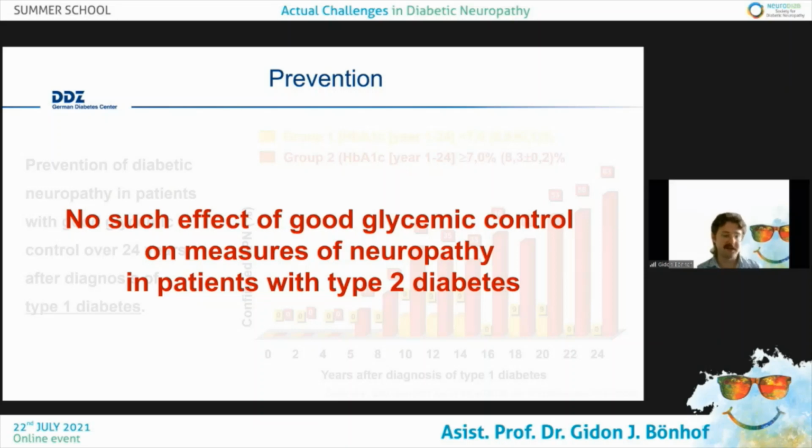So I won't say it doesn't have an effect on diabetic neuropathy in type 2 diabetes, but the current evidence is not good enough to say, okay, if you have type 2 diabetes with great glycemic control, you can prevent neuropathy. We cannot say that at the moment, but we have to keep in mind that there are not enough studies that really focused on endpoints of neuropathy.